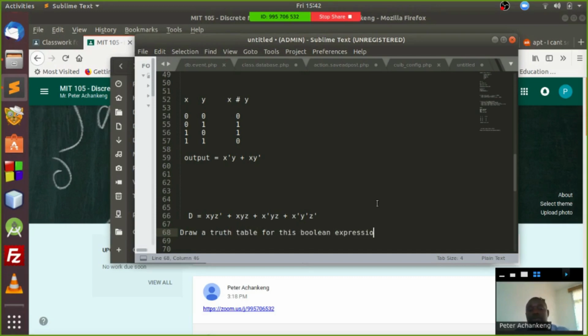Is the Boolean expression in disjunctive normal form? Yes, okay. So draw the truth table. I'm not saying you should simplify it, so you're instead drawing the truth table.